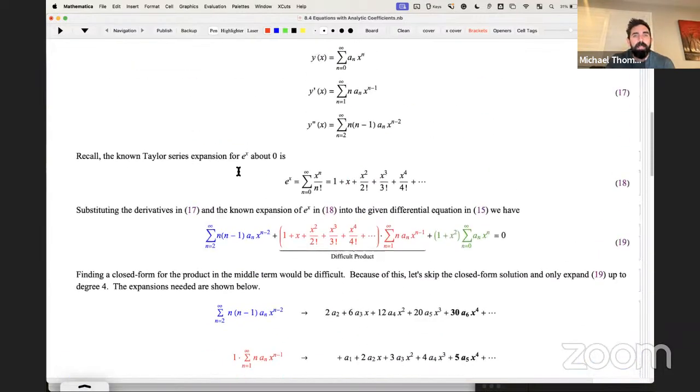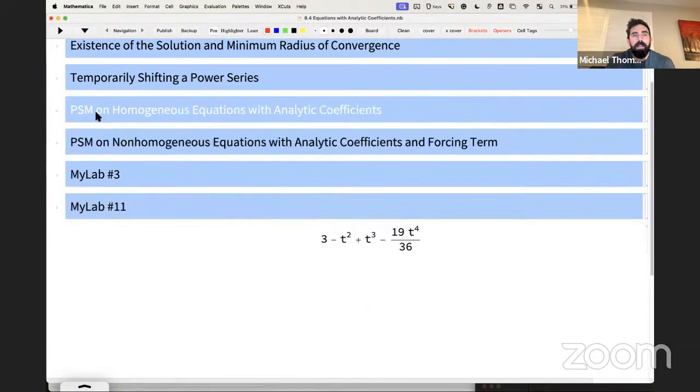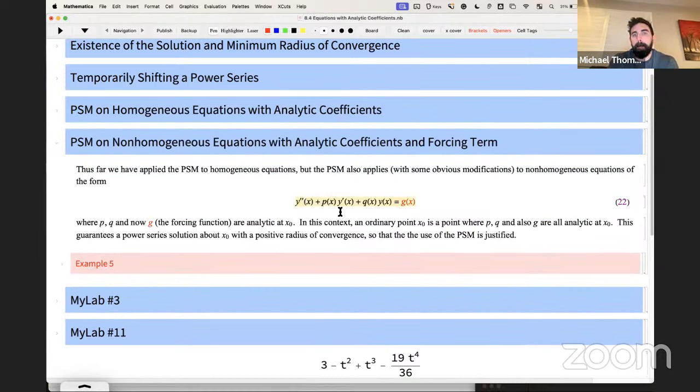All right. And the last thing. Not only can we do homogeneous equations with analytic coefficients, we can do equations with analytic coefficients with a forcing term, as long as the forcing term is also analytic. So G also has to be analytic at x0.